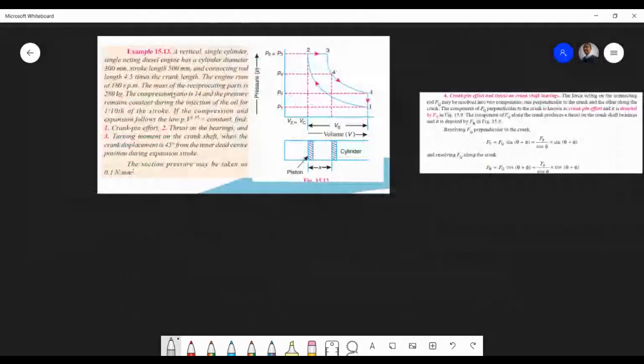Let's look over here. It's a vertical engine, and we have to think about more. How are we moving here? It says from inner dead center during the expansion stroke. So I'll just draw a line here.